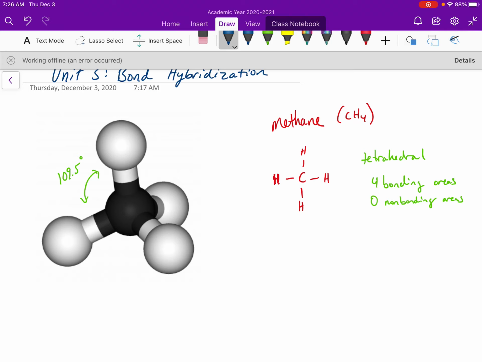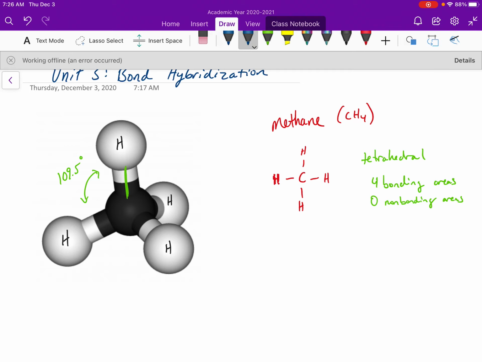So if this is the hydrogen here, if I just put H's here, and then the black is the carbon in the middle, what must happen for each of these connections is that an orbital of the hydrogen must overlap with an orbital of the carbon. And then there'll be 2 electrons that will share that space, right?